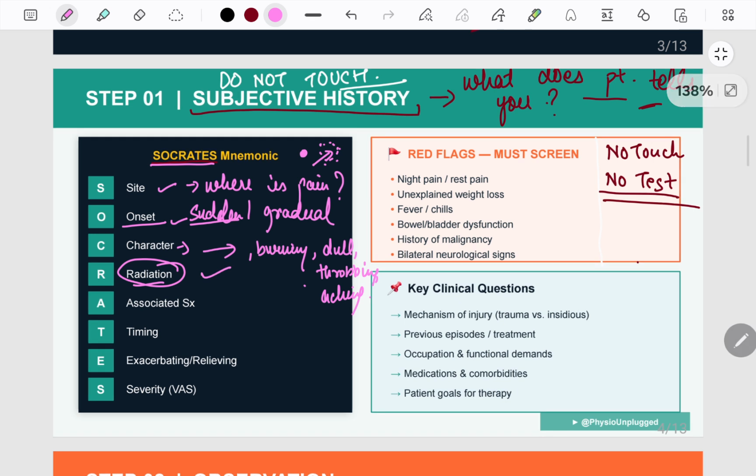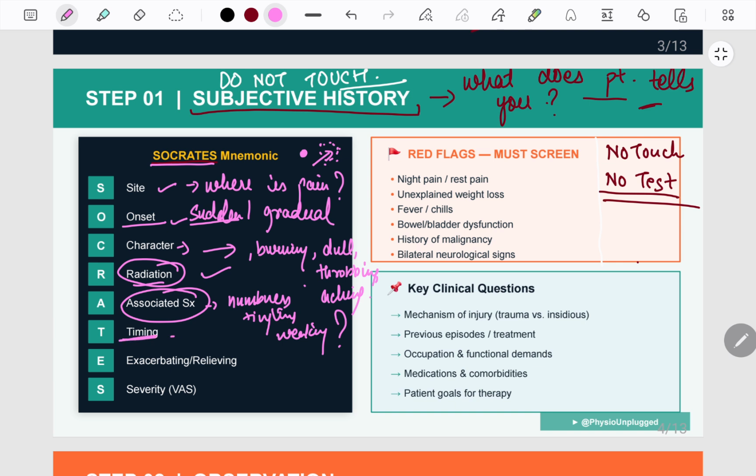Then comes the associated symptoms. Associated symptoms means, does the pain come with a feeling of numbness or tingling or any weakness, any stiffness, any other characteristic that is associated with the pain. Then comes the timing.